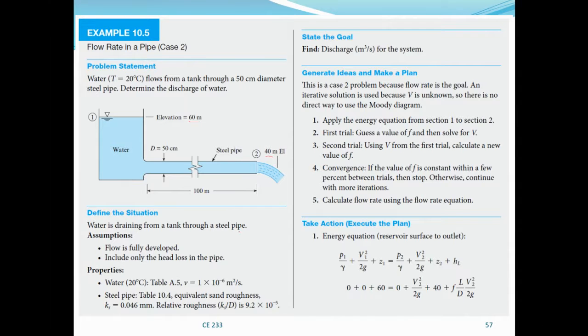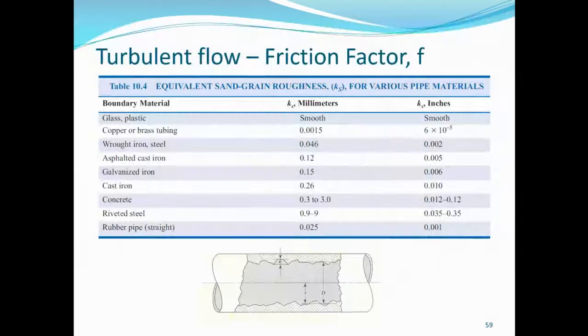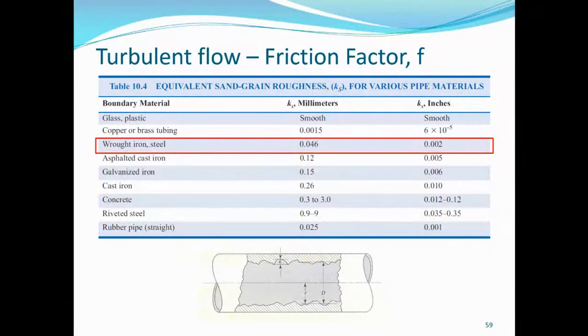So water is draining from a tank through a steel pipe. We have the pipe diameter, and what else do we have? That's it. We have the kinematic viscosity at 20 degrees, and the equivalent roughness Ks for this type, which is steel, wrought iron steel, 0.046, which we can check.